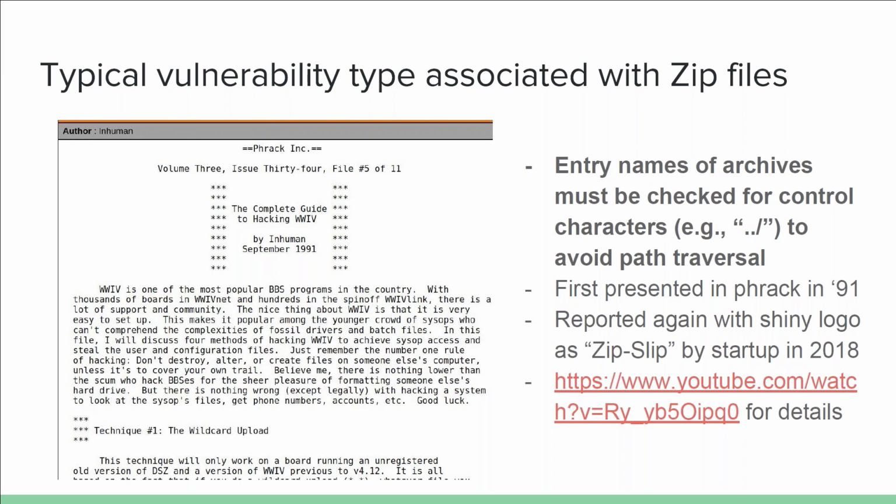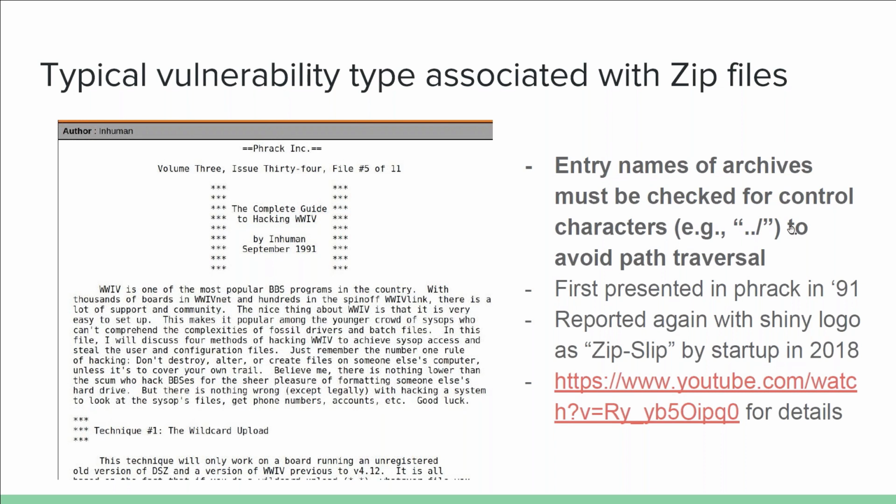One of those is a vulnerability type originally described in a Phrack paper in '91, which is that in archives, the names of the entries might actually contain control characters, such as "..". And if that's the case, then you need to filter for these. You need to discard that ".." Otherwise, as you use the entry names to open files, you can run into a path traversal condition.